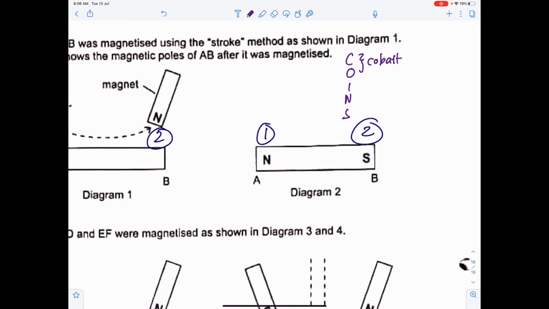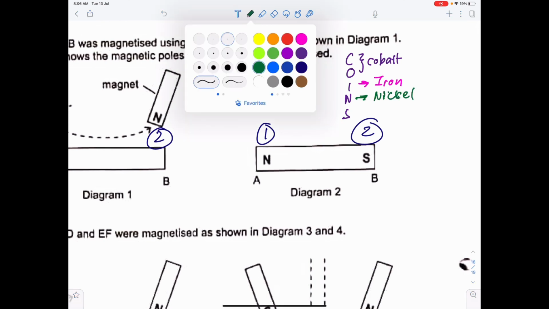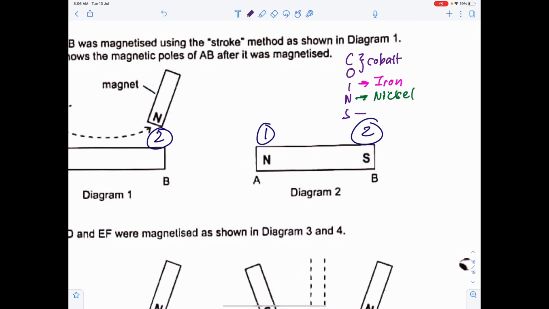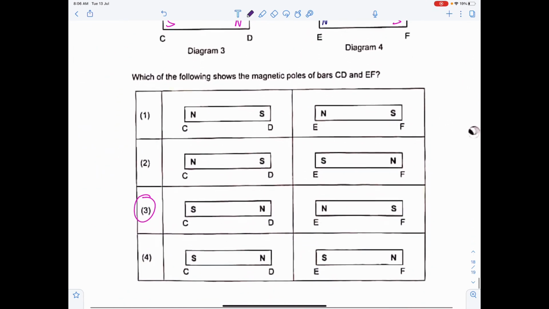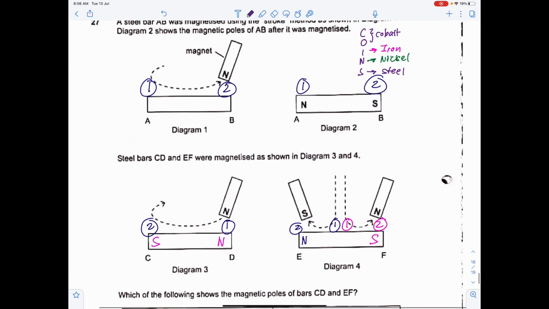I is iron. N is your nickel. And S is your steel. Be very careful of the CO. It's a very common mistake to mistake C for copper.